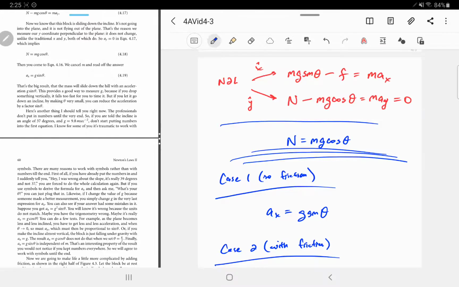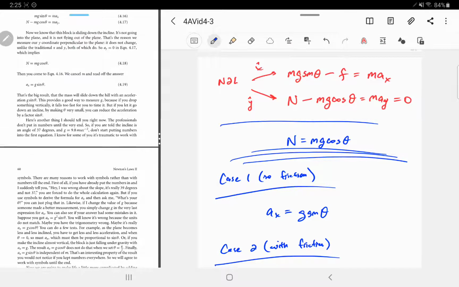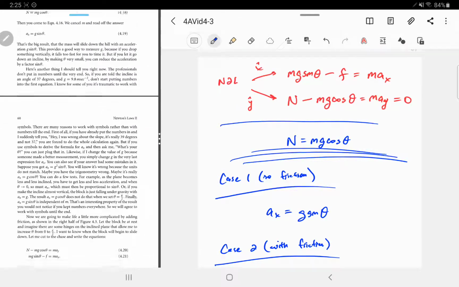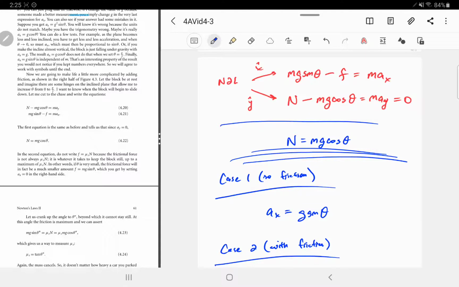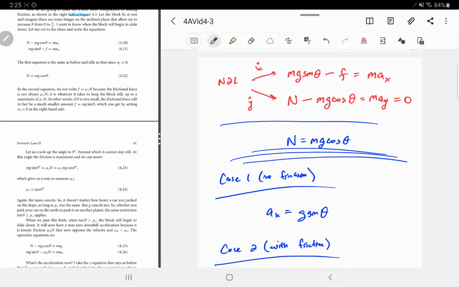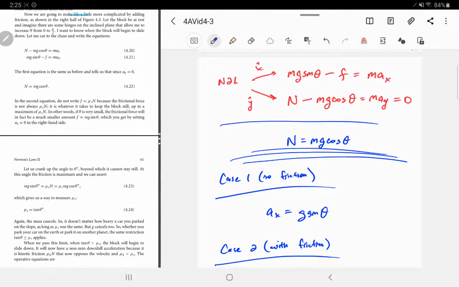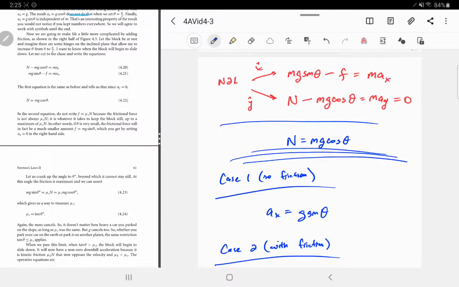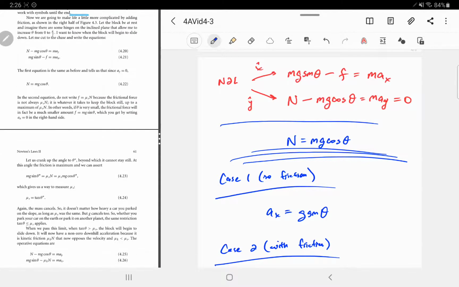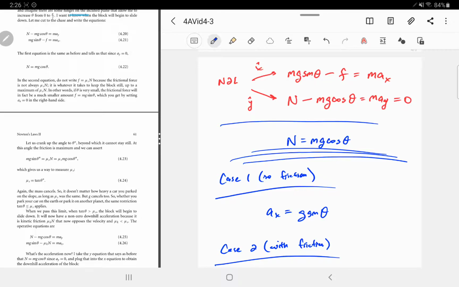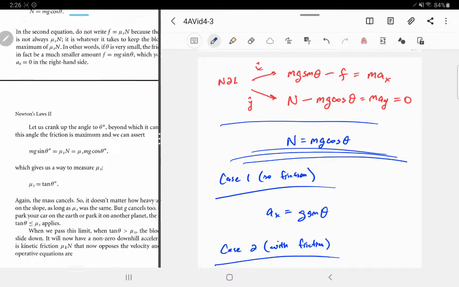And then there's a warning that we should keep variables in and not plug in numbers at the beginning. Towards the end of page 60, at the beginning of page 61, your book is talking about the condition under which, if this thing is at rest, it is possible for it to remain at rest.